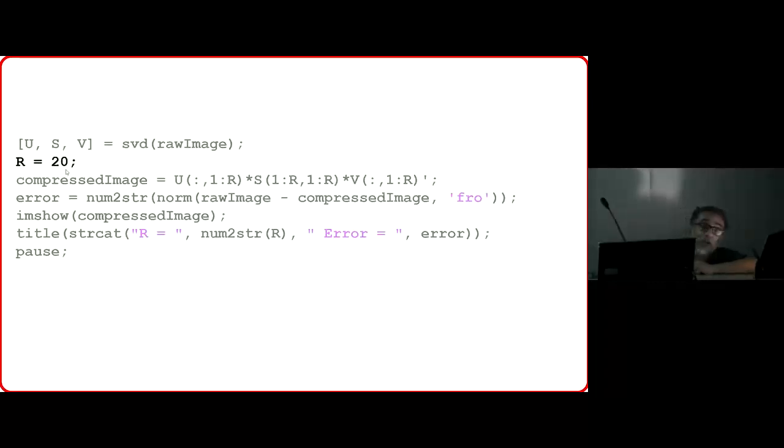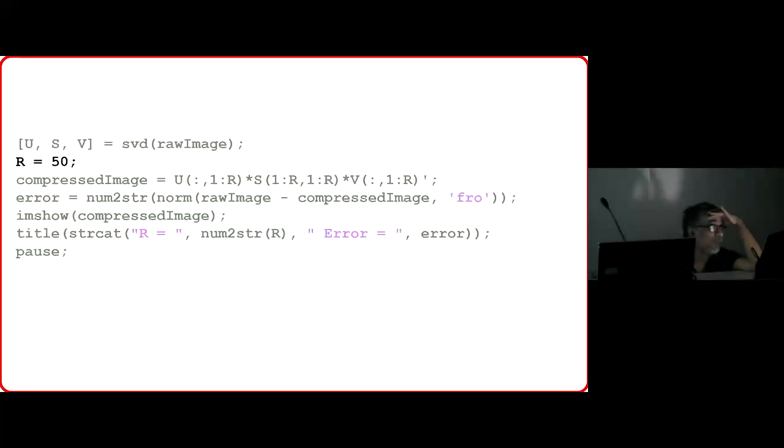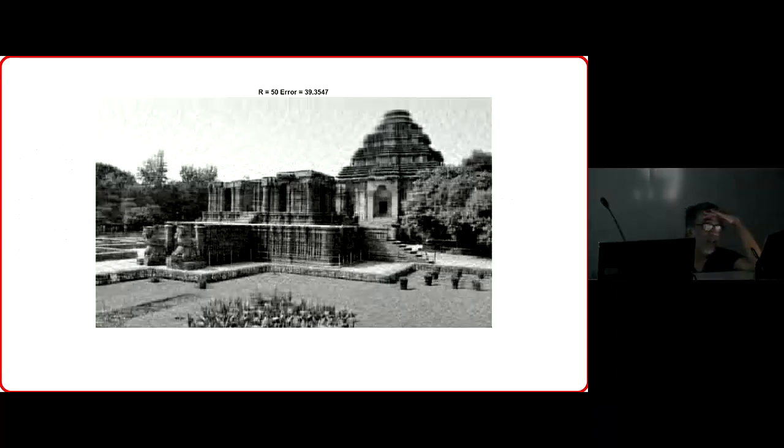Then I take R equals 20. This is what I get. A rank 20 matrix. Now it begins to look a little closer to the real picture, but still far off. Then 50. This time I'm using the Frobenius norm for the error.